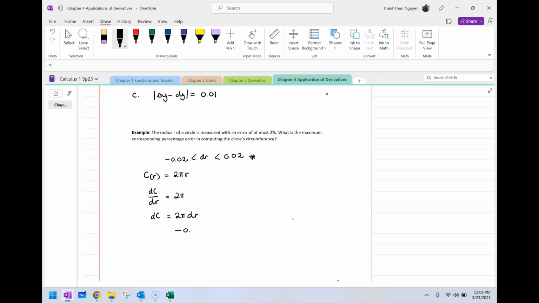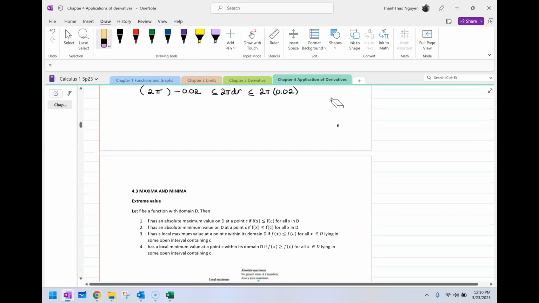Start with negative 0.02 less than or equal to dr less than or equal to 0.02. Then negative 0.02 times 2 pi is less than or equal to 2 pi dr, which is less than or equal to 2 pi times 0.02.